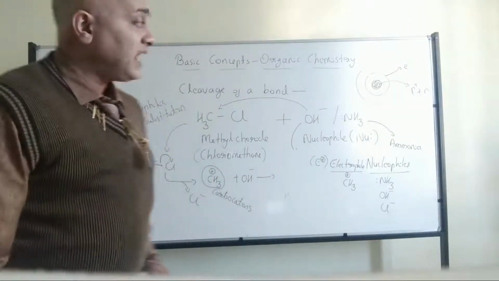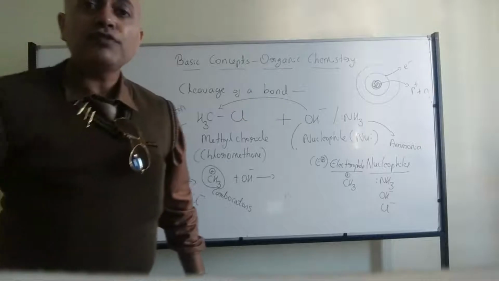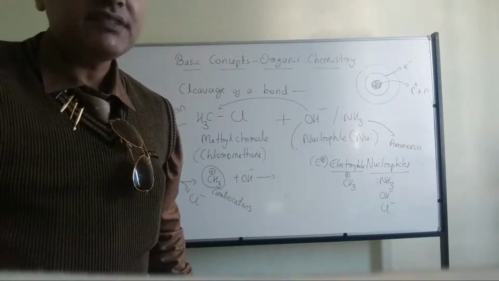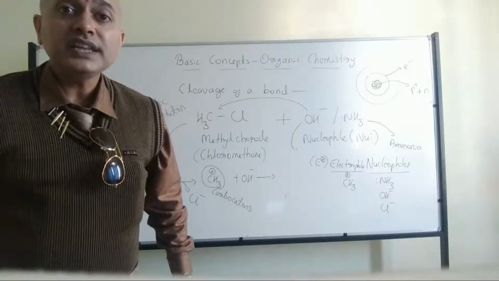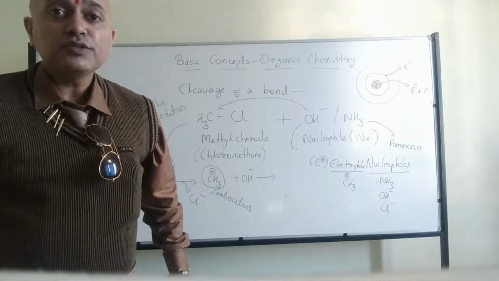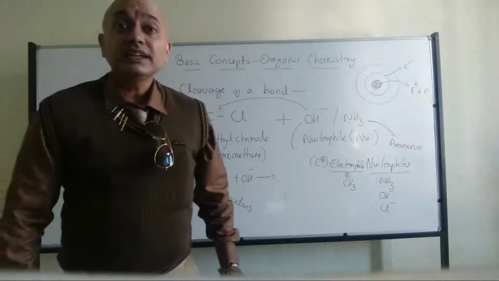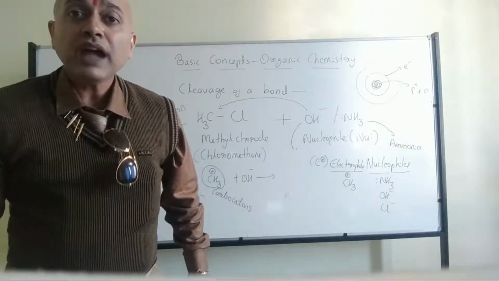So that's where we have the electrophiles. Why are they called electrophiles? Same logic. Since electrons are negatively charged, electrophiles are those which have affinity towards the electron. Electrophiles are electron deficient, so they want to have the electron.